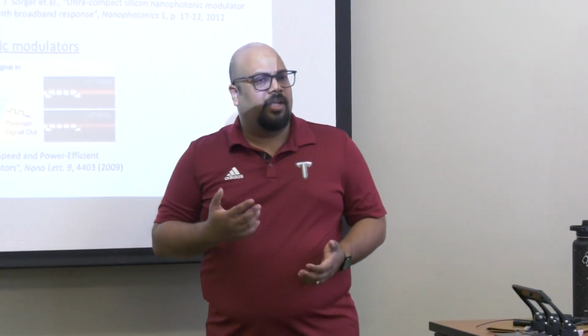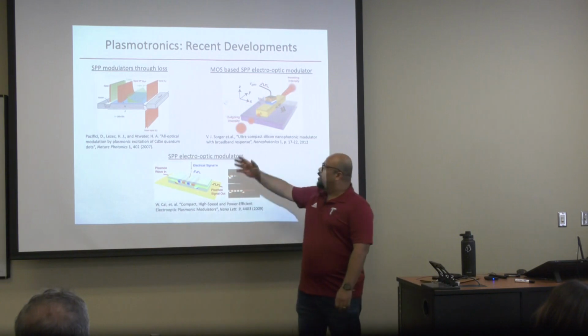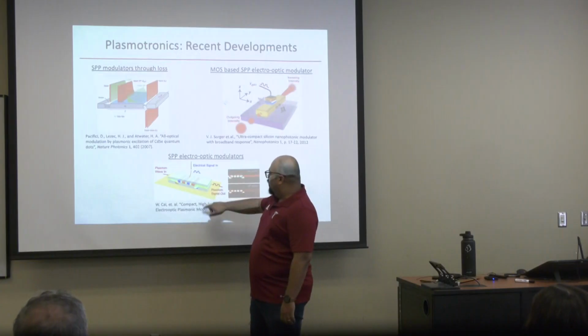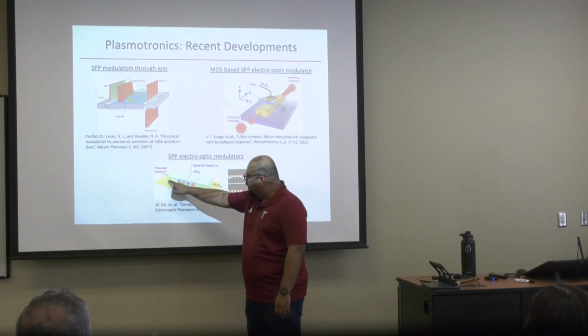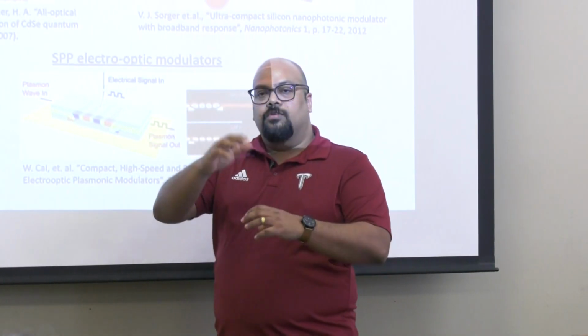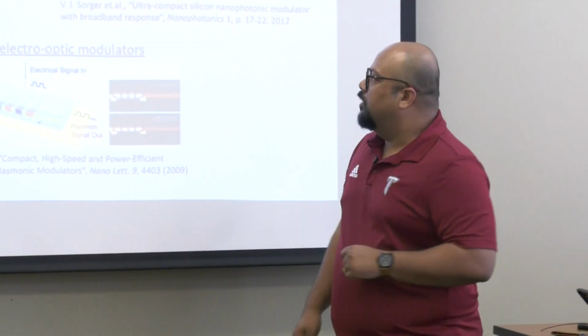Many researchers and professors at different universities have built various devices to control this plasmonic energy. Here are different devices that have already been published. Here they have a metal-dielectric-metal structure with light passed through, and using electrical energy they modify the modulation of the light that is traveling.